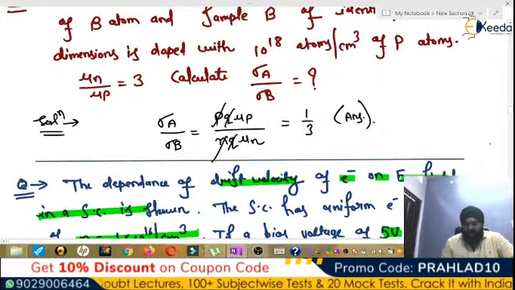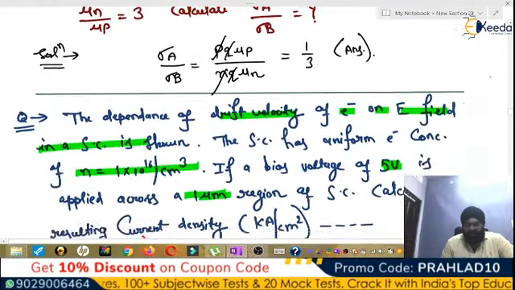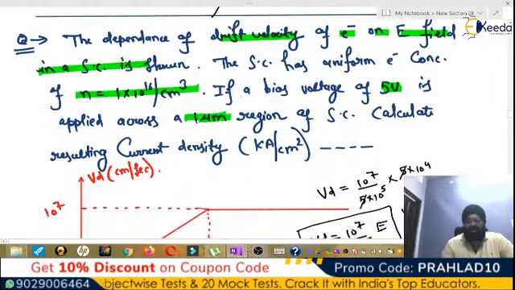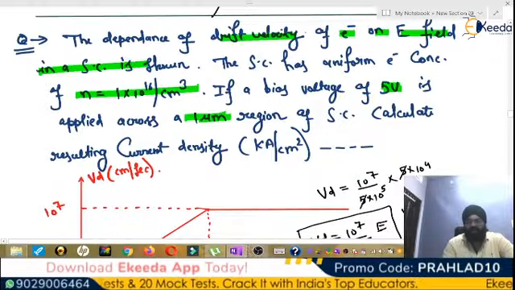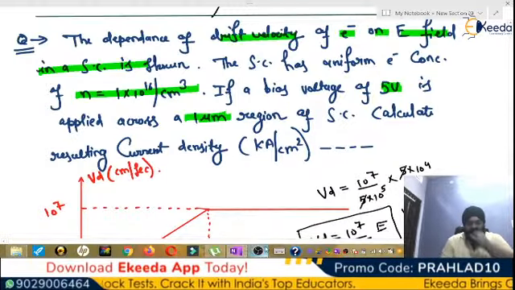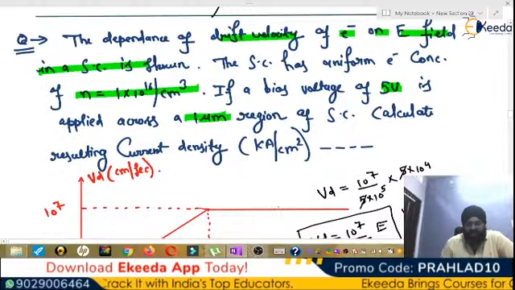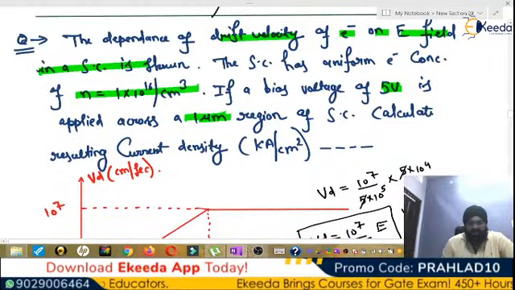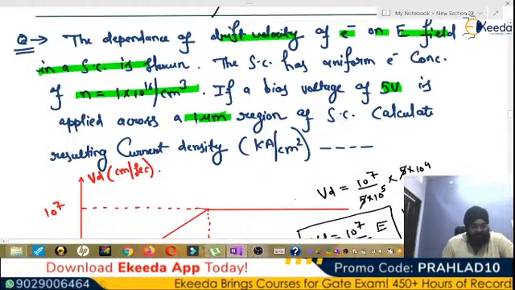Next question is, the dependence of the drift velocity of electron on the electric field in a semiconductor is shown in the figure. The semiconductor has a uniform electron concentration N of 1 into 10 to the power 16 per centimeter cube.